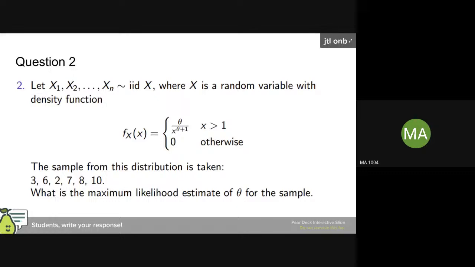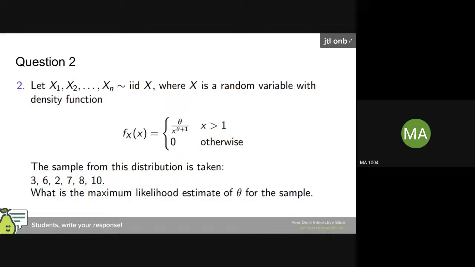So this is the setup we have. Let x1 to xn follow IID x. I told you this in week 7, or in week 2 I stressed this, IID will come like a routine thing. So by now you should know what IID is.